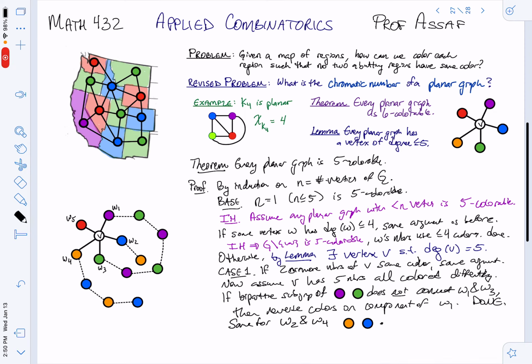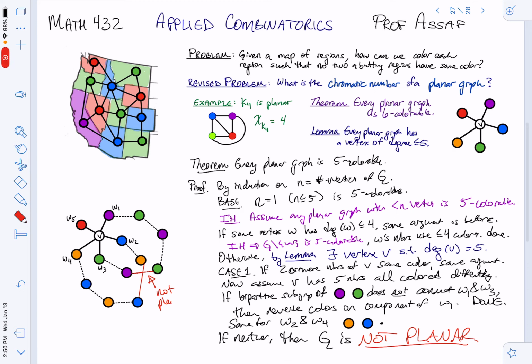But what happens if neither of these works? Then G is not planar. Why not? Because look, I've got to connect here, and now I've just crossed this edge. This is the non-planar part.